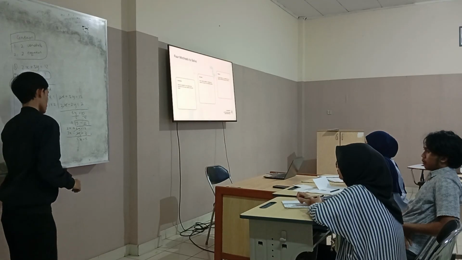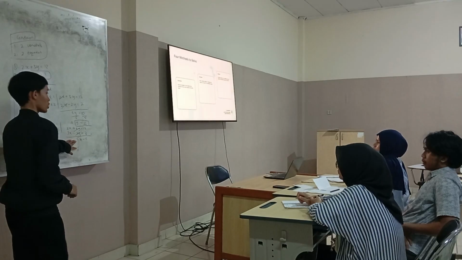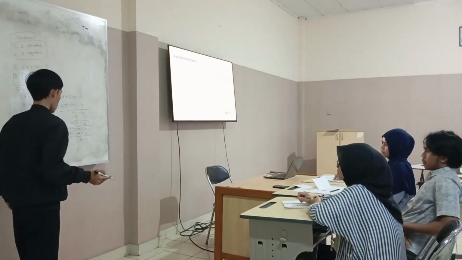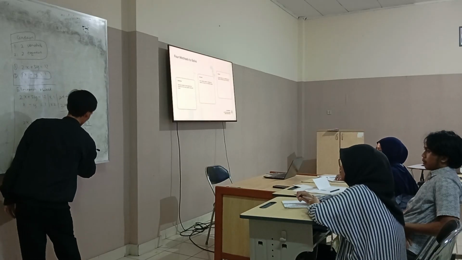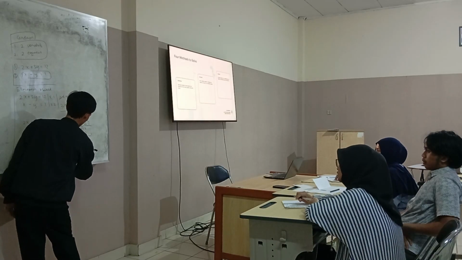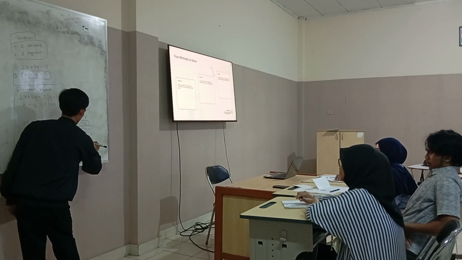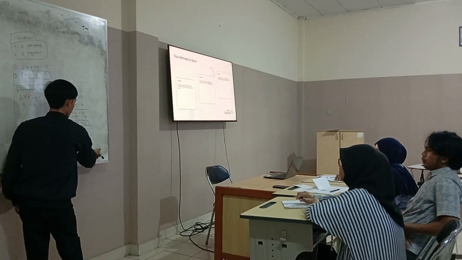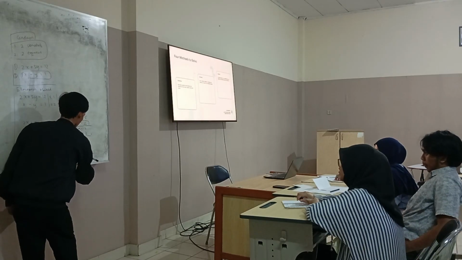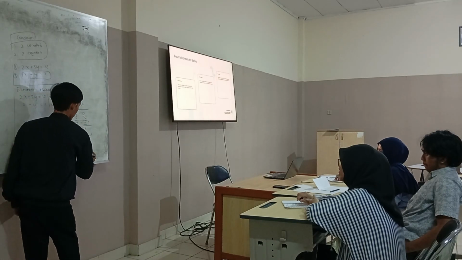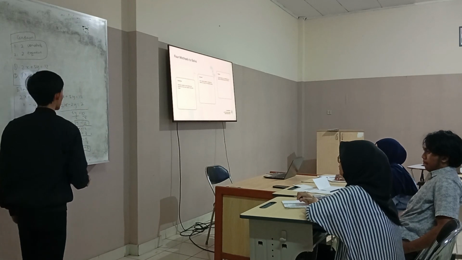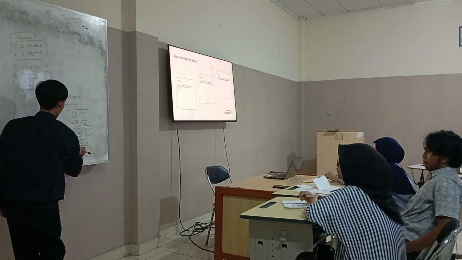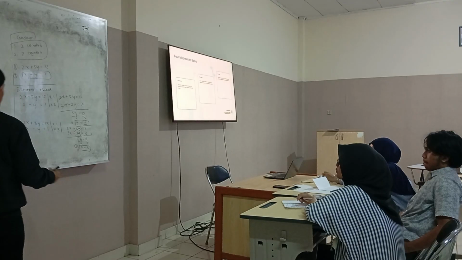We divide by 5 because we want to know the value of x, and don't forget to divide the right side by 5 too. Now, x equals 15 divided by 5, which equals 3. This is the second solution.